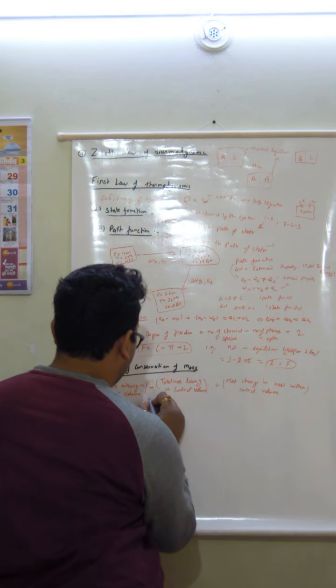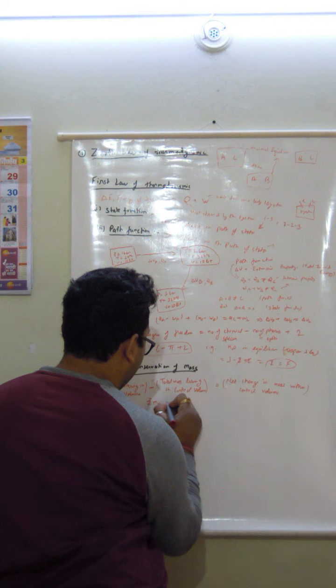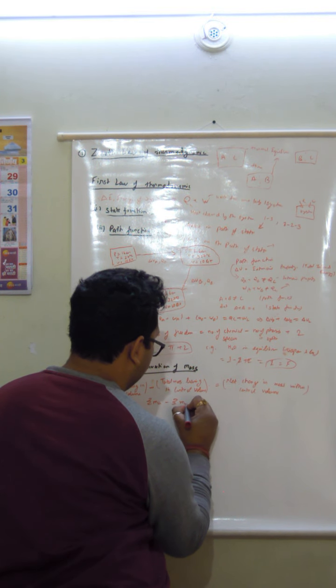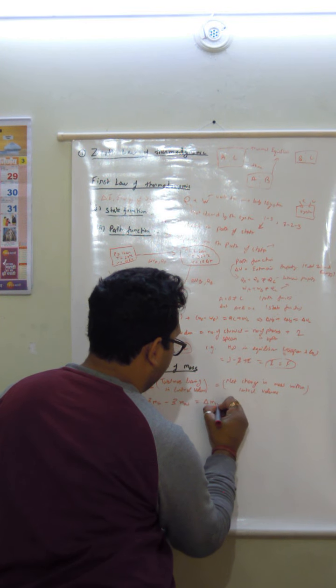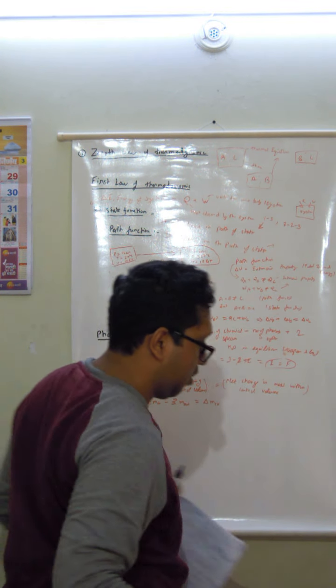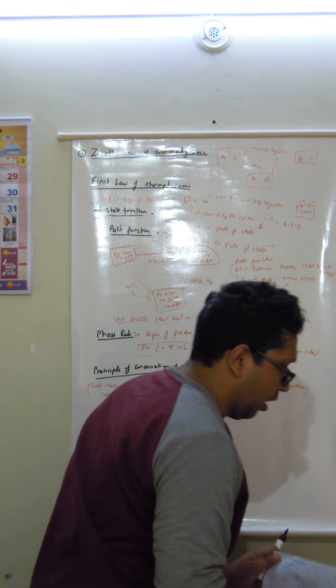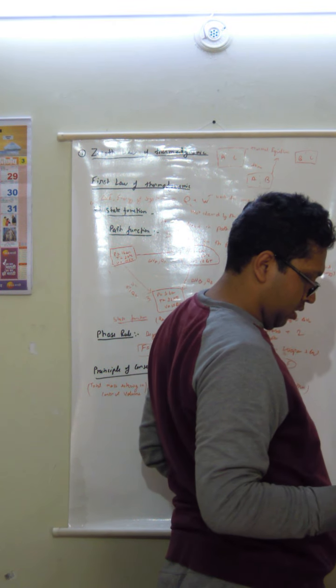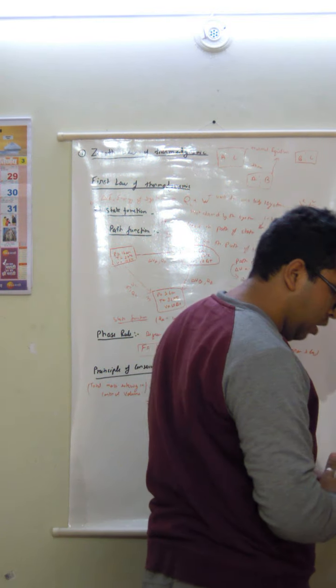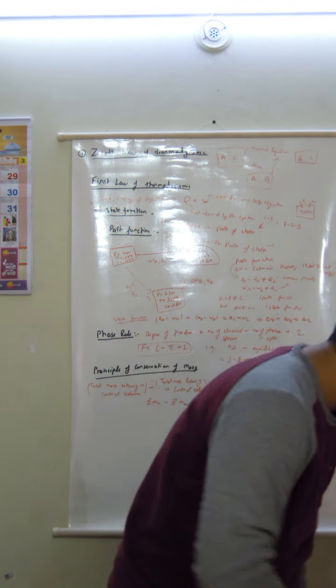That is, delta m in minus delta m out is equal to delta m cv.